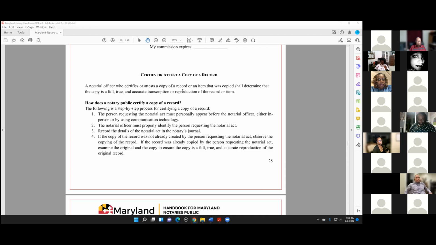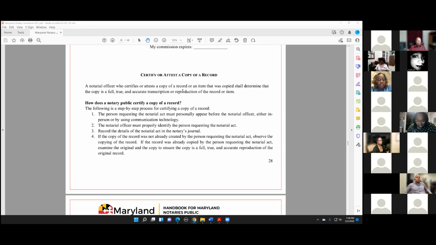Then it says, or an item that was copied. So how many things have been certified here? What's the possibility? One or two? It could be two.